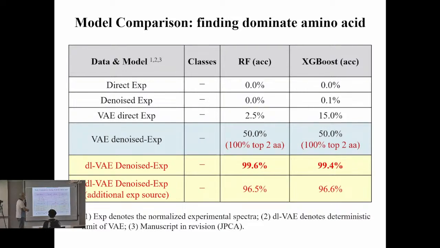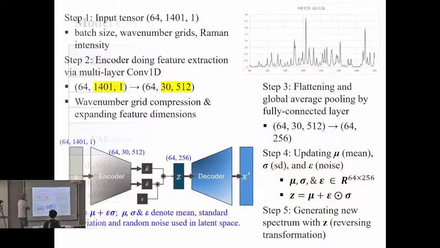Okay. Here, what do we call this? Oh, deterministic limit of the VAE. What it means is, when we construct the latent space, usually we are looking for a Gaussian distribution. If you want to throw away this idea, and just care about the final difference between DFT and the experimental, you can call this the deterministic version of VAE.